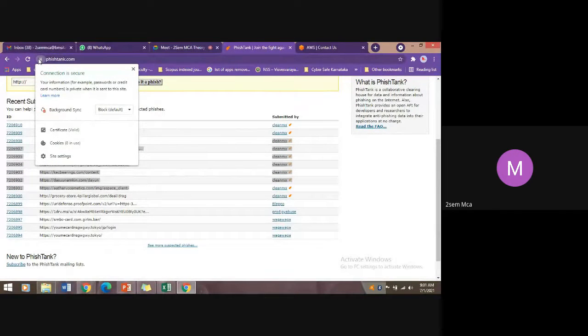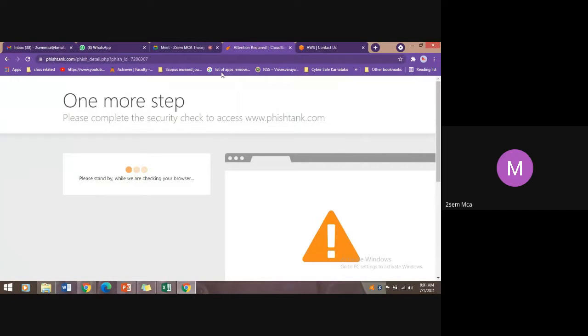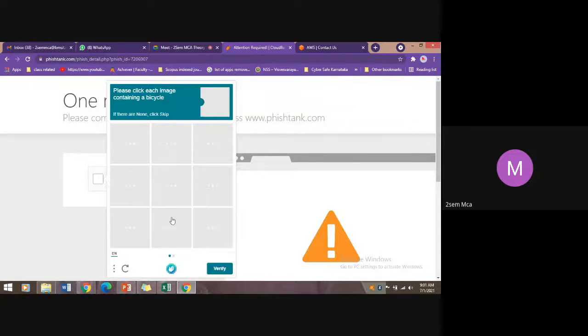No, not like that. Communication is secure, but the content must also be secure, right? In that case, the content is not secure. Here it says safe, secure, some bank. If you click on this, you see attention required. It's checking whether I am human, using a captcha.